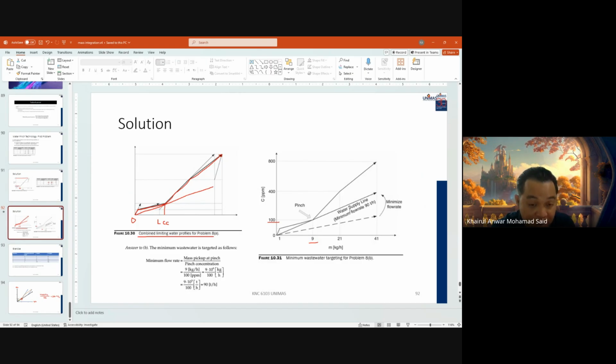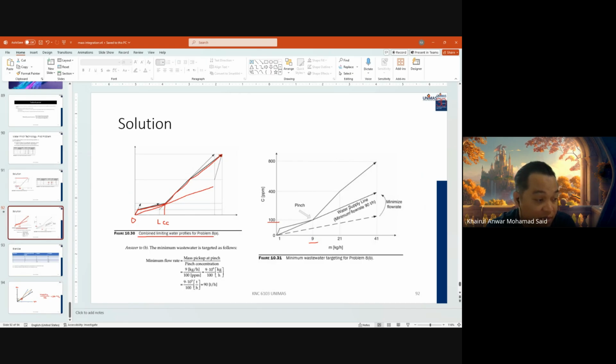So the net annual saving, which is the 22.5 ton per hour after we do the pinch network like this: 22.5 ton per hour times 8,000 hours per year, the plant operating hours, times 3.50 per ton for the combined water utility cost. So we save around 630,000 ringgit per year.